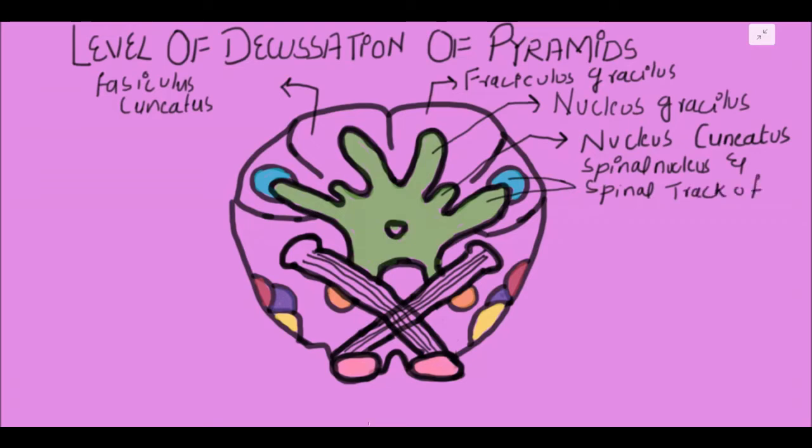So the posterior horn is converted into the spinal nucleus and spinal tract of the trigeminal nerve.